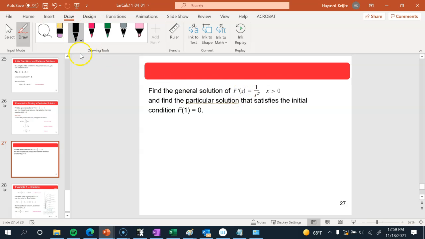Okay, you're trying to solve F prime of x equals 1 over x squared. That's just saying that there is some function, big F, where if you take the derivative, you get 1 over x squared. And then it's asking, what is that original function?